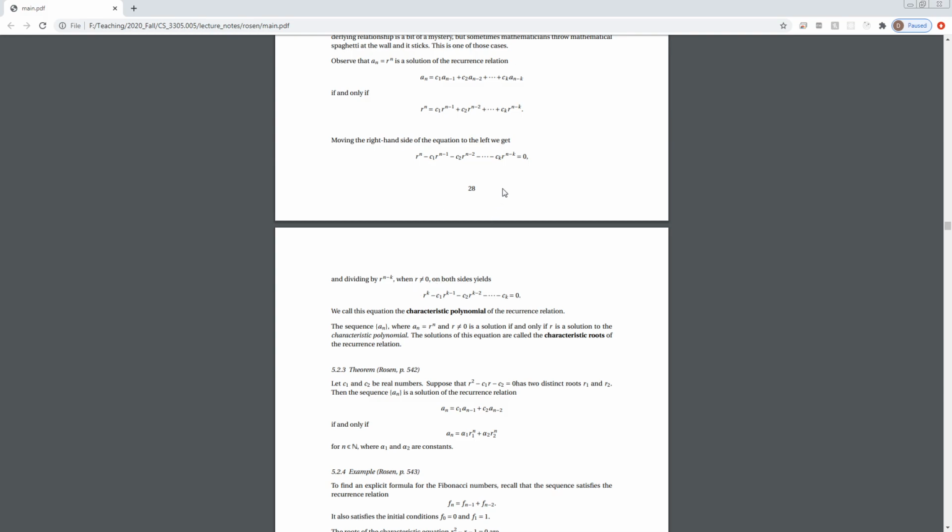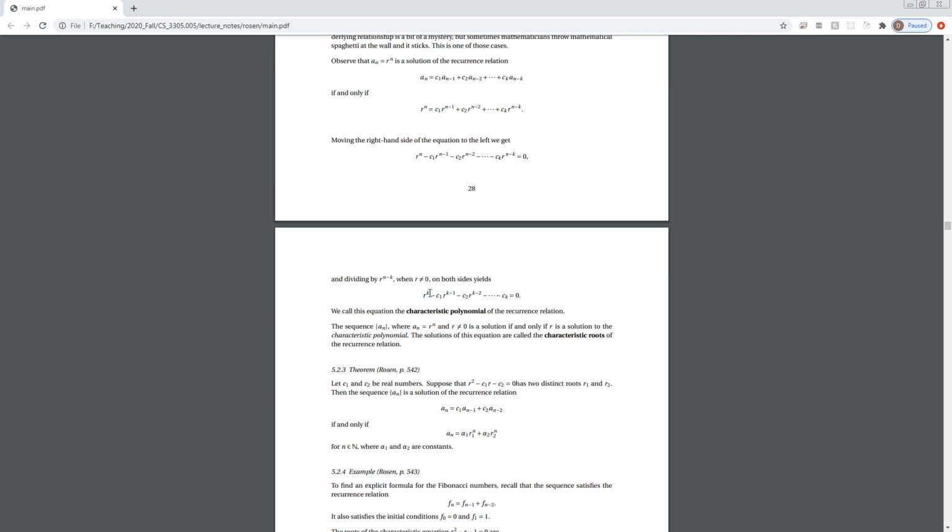And that division by r to the n minus k is valid if r is not equal to 0, because dividing by 0 generally blows up math. It's not considered a good thing. Multiplying by infinity and dividing by 0, you should definitely take those out of your repertoire. So if we make that simplification, then we don't have n scaling off to infinity, and we have some polynomial that has some sense of constancy.